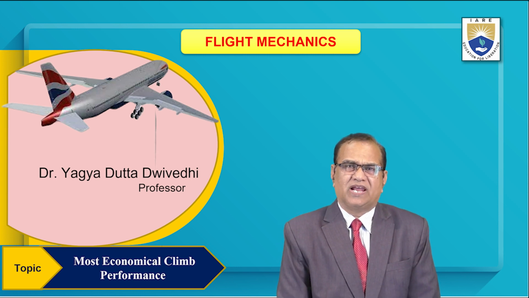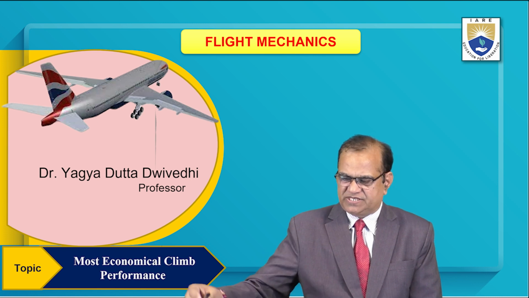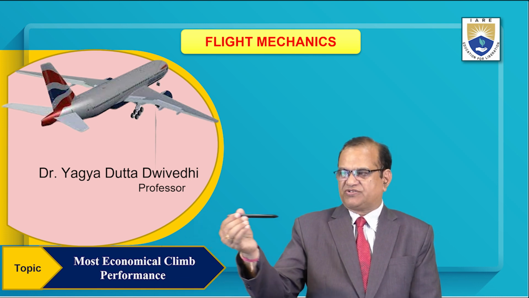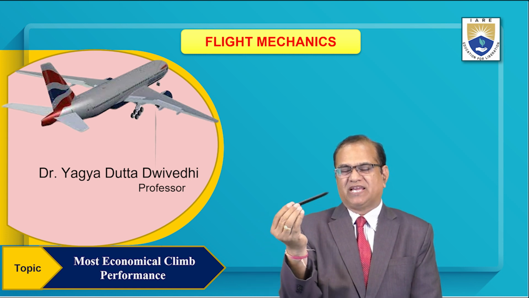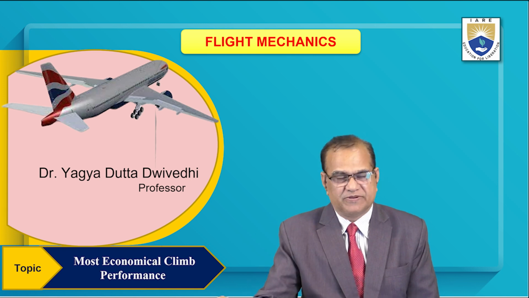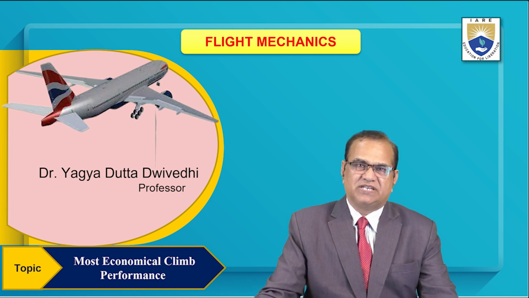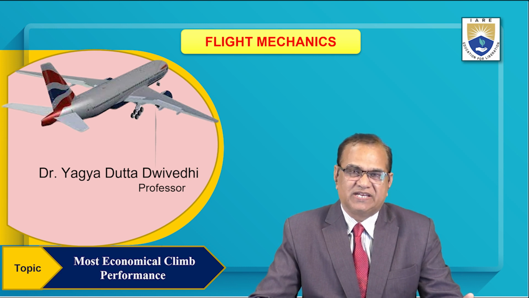In the last few classes I have discussed climb. If the aircraft is going from the runway, it is straight, then it has to make nose up. The angle is called the flight path angle, gamma, and it is flying like this. It is called the climb. In the climb, we have seen the effect of weight and the effect of drag.